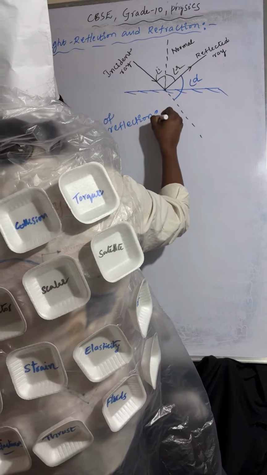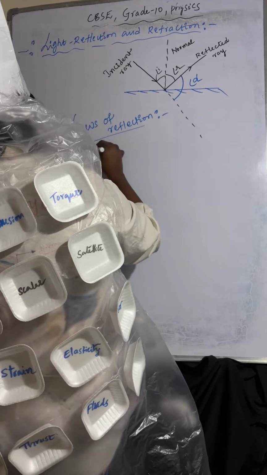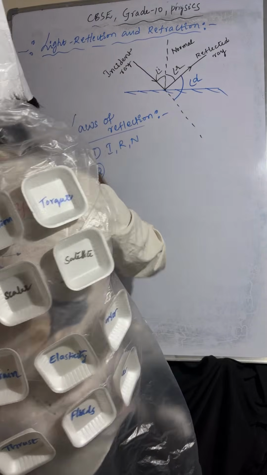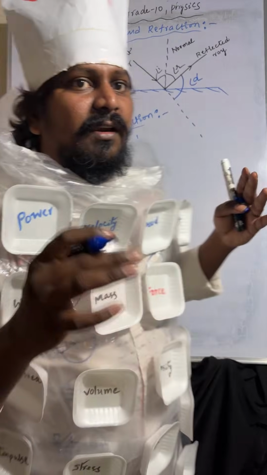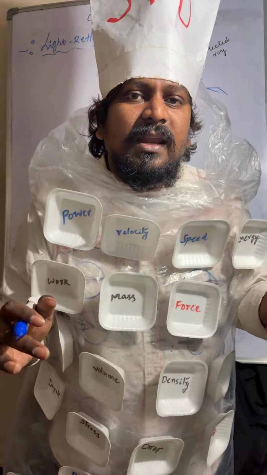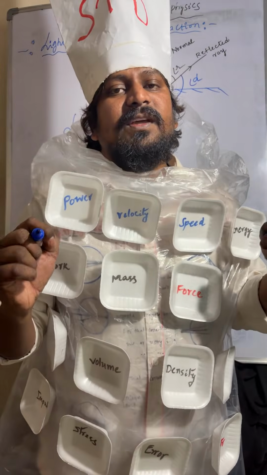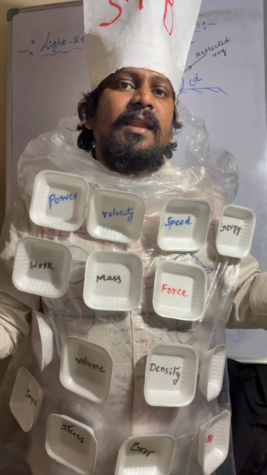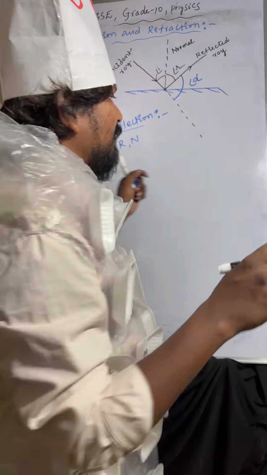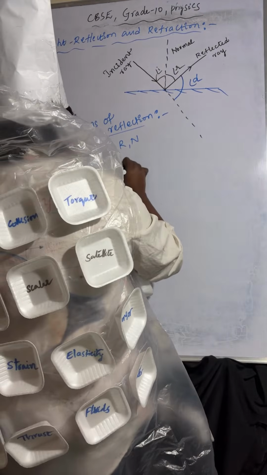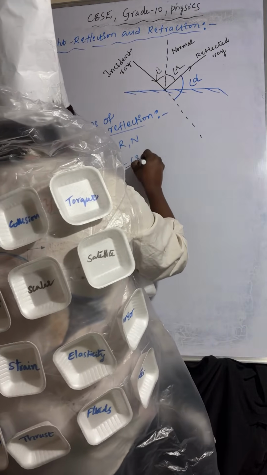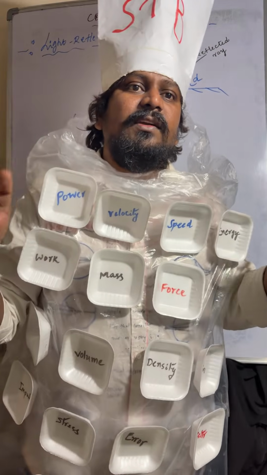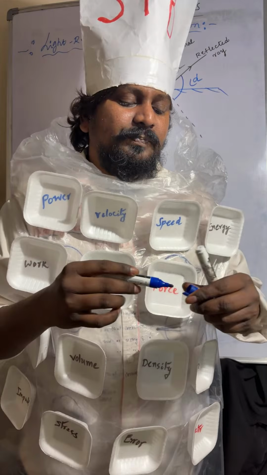Point number one: the incident ray, reflected ray and normal line lie on the same plane. And the next one: the angle of incidence is equal to the angle of reflection.